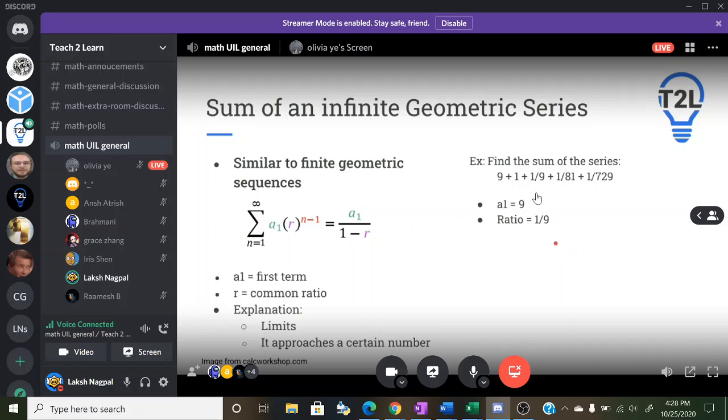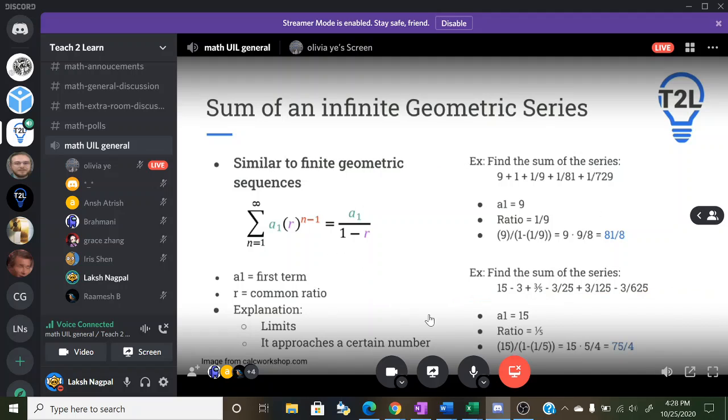So that's a1, 9, divided by 1 minus the common ratio, so 1 minus 1/9, and that'll give you 9 times 9/8 to get 81/8. This one's just plug and chug the values and you should be able to get your answers easily. For another example, you have that sequence right there. First note the first term, note the common ratio, and then plug it into the formula, and you'll get your answer.